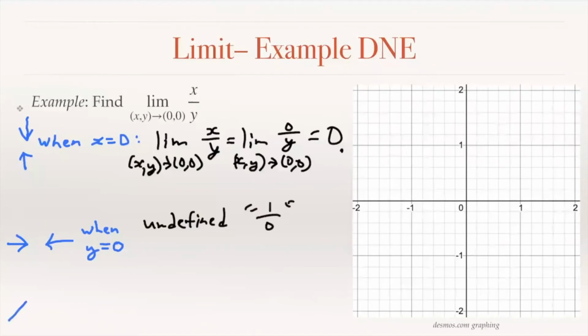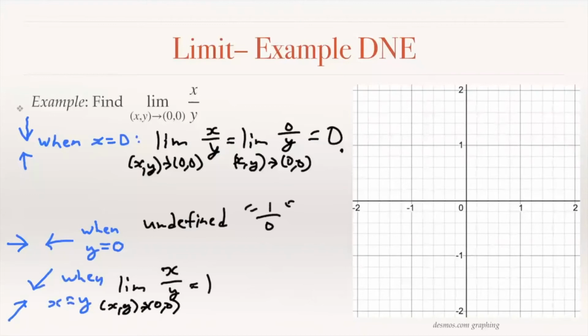And we can also approach from this way. When x is equal to y, then the limit as (x,y) approaches (0,0) along that direction of x over y is the limit of 1, because these are equal, it's something divided by itself, which is 1.